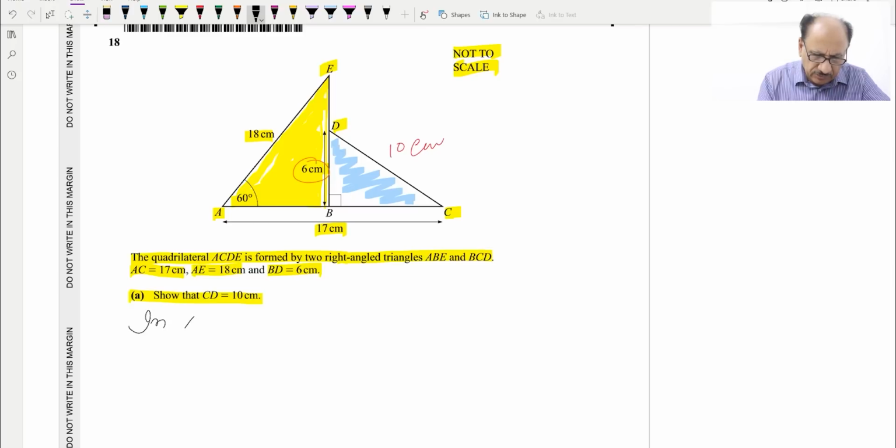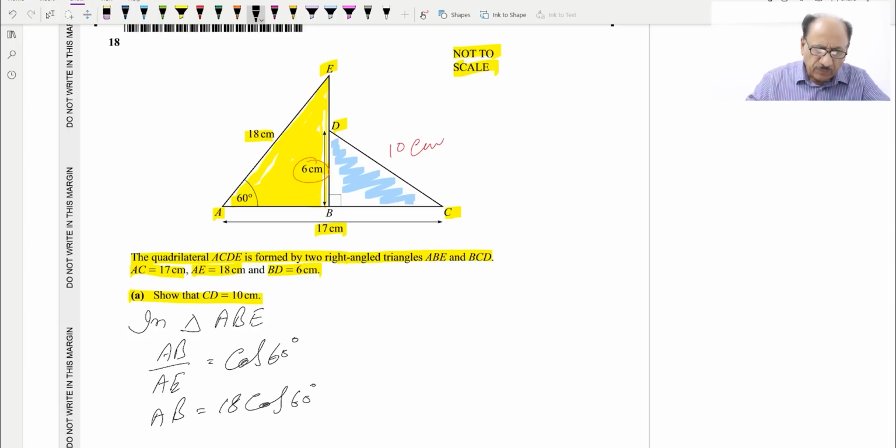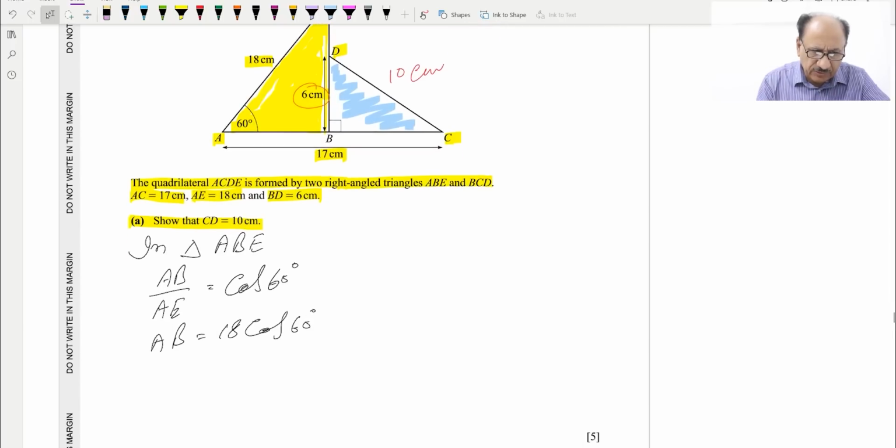We will say in triangle ABE, we can apply basically trigonometry. So AB over AE will be equal to cos of 60 degrees, and this will be AB is equal to AE, which is 18, times cos of 60 degrees. Now cos of 60 degrees will be what?